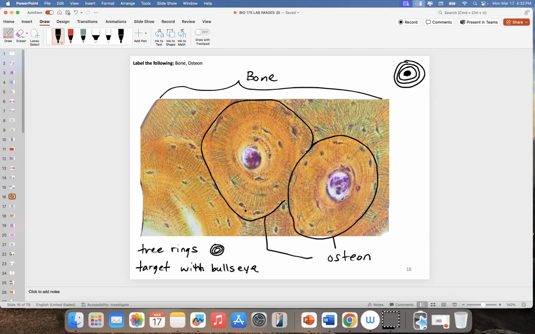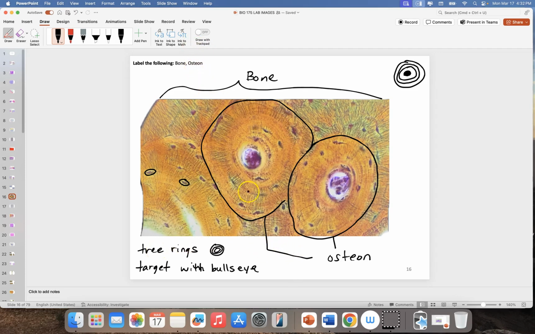Cartilage had chondrocytes in lacunae. Bone is going to have osteocytes in lacunae. Osteocyte is just the name for bone cell. Just like cartilage has a special name for its cells, bone has a special name for the cells of that tissue as well.